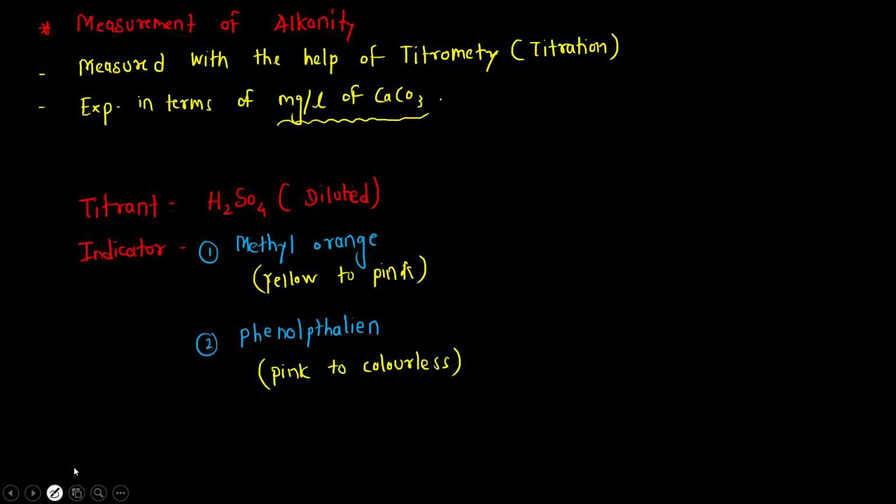Now when we use methyl orange, as soon as the color changes from yellow to pink, we take the reading, and that reading is called M alkalinity, or we can call it T alkalinity. And as soon as the color changes from pink to colorless, we take the reading, and this we call P alkalinity.